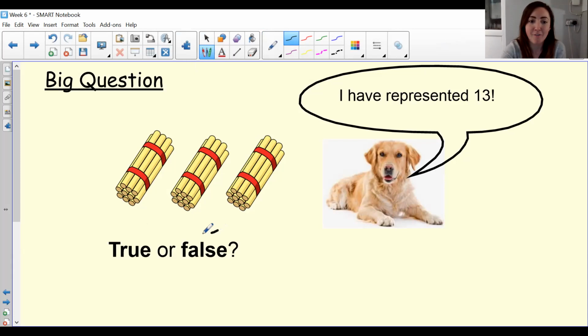It is false. Stevie has not represented 13. Now can you pause the video and have a go at explaining how you know that it's false that Stevie's represented 13. So pause here and have a go.